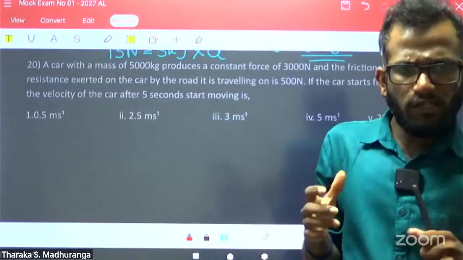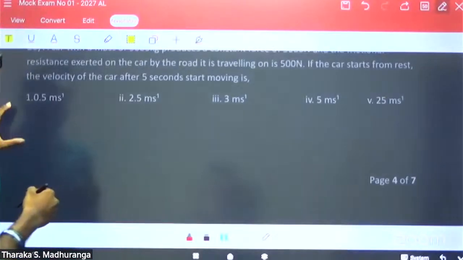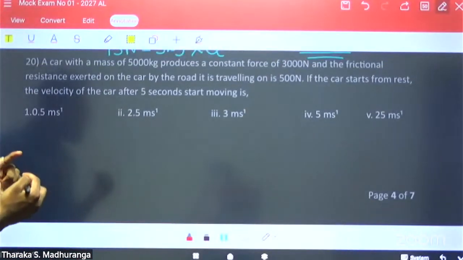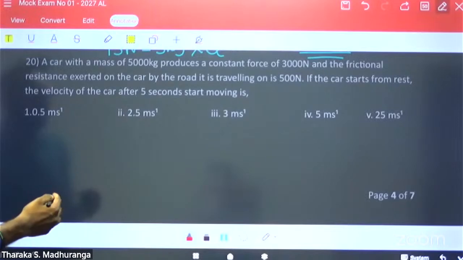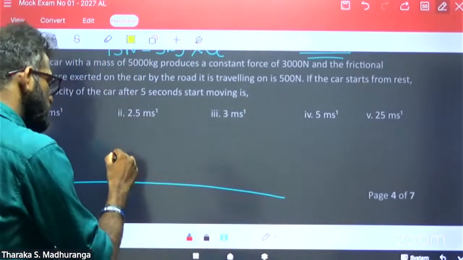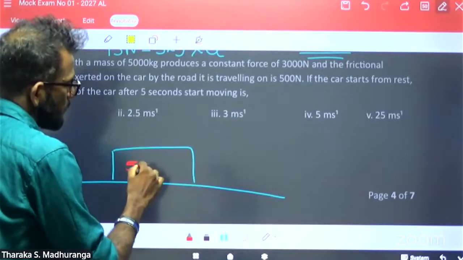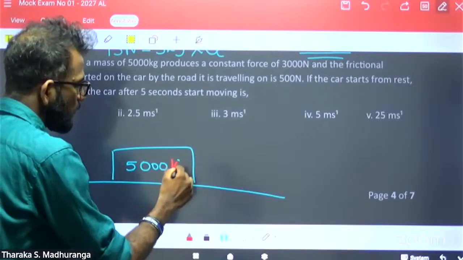Same type of question but a bit advanced. If you draw a figure, it is very simple. A car with a mass of 5,000 kilogram, 5 tons.